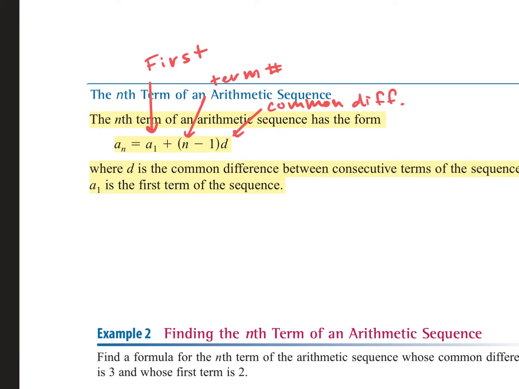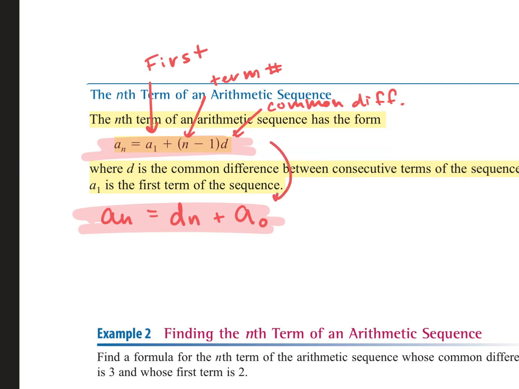We also have another one: a sub n is equal to d times n plus a sub 0. These are two formulas that we use to find the nth term of an arithmetic sequence, an expression to help us find whatever term we want. They are the same thing; they help us find the same thing.